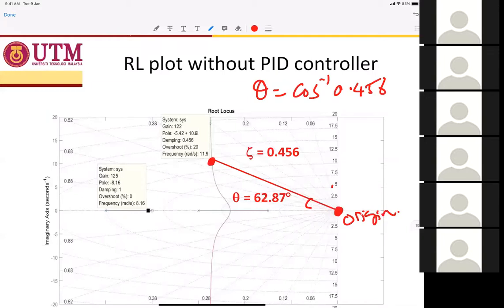Haikal. Muhammad Haikal. What is the value of dominant poles? Haikal is absent. Mo Wei Jun. Yes, doctor. What is the dominant pole? Intersections between damping ratio and the root locus line.